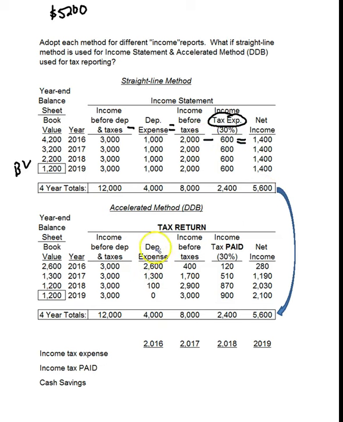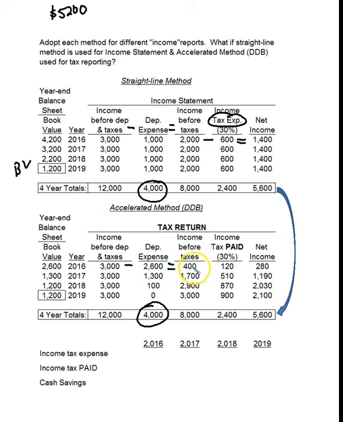Now, let's mix it up. Same sort of thing, where we have the same income before depreciation and taxes. If I use the accelerated method, I still have accumulated depreciation of $4,000 over the life of the asset. However, I'm going to get different numbers throughout over here. So $3,000 minus $2,600.